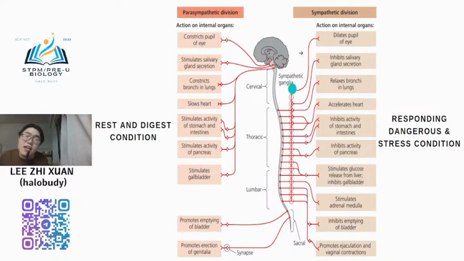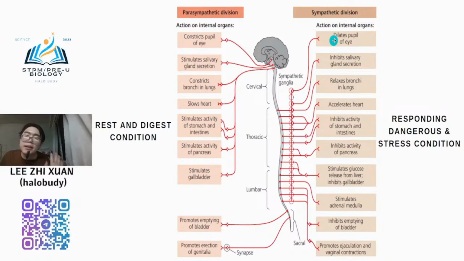Okay, so one type of very famous question is also about the difference between the parasympathetic and sympathetic. Normally parasympathetic is very easy. Parasympathetic is the rest and digest condition. At rest, like now, in a rest or digestion condition, the parasympathetic division will take place.